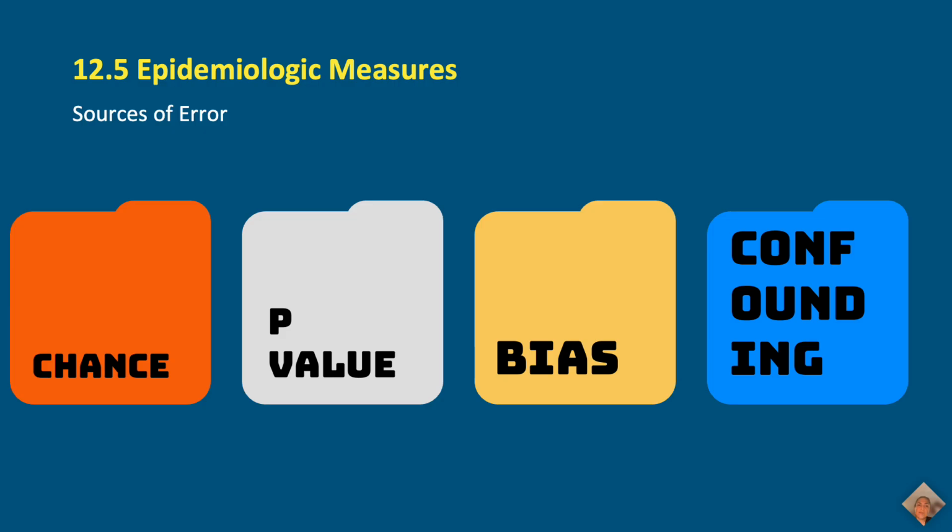We have to always ask, what's the error? Could it be a positive association discovered between an exposure and a health event when there really is no association? Or could it be that no association is found between an exposure and a health event when there really is something there? And chance, like sometimes there are random errors that occur within a study.